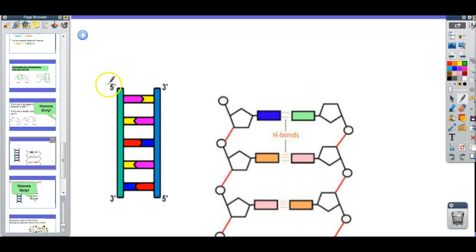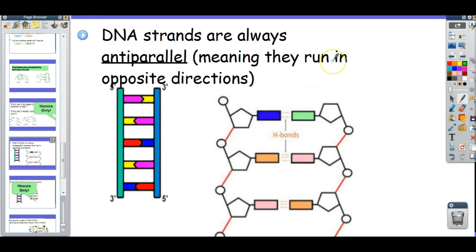We call these 5' and 3'. Again, not super necessary that you know this, but if you notice, the 5 part of one end matches with the 3, right? So this side it goes 5 to 3, this side 3 to 5. So they're going in opposite directions. That's all you need to know. And this is called anti-parallel. I'll give you a second to write that down.